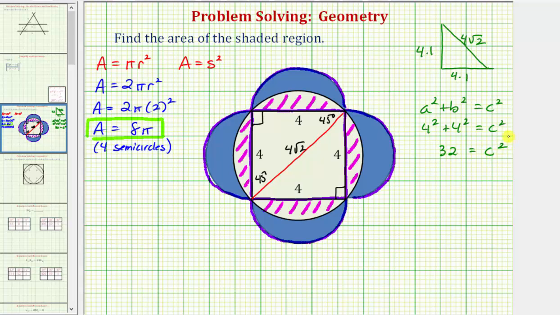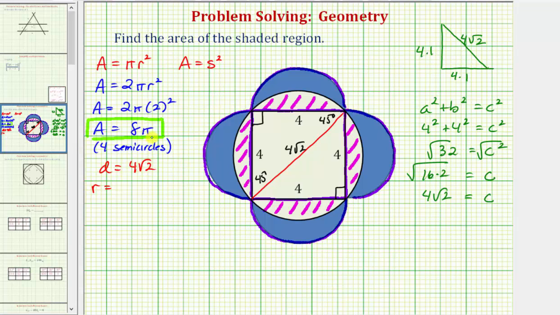So we have 32 equals c squared, taking the square root of both sides. The square root of c squared is c. And because 32 is equal to 16 times 2, and the square root of 16 is equal to 4, we have c equals 4 square root 2. So again, this tells us that the diameter of the circle is equal to 4 square root 2.